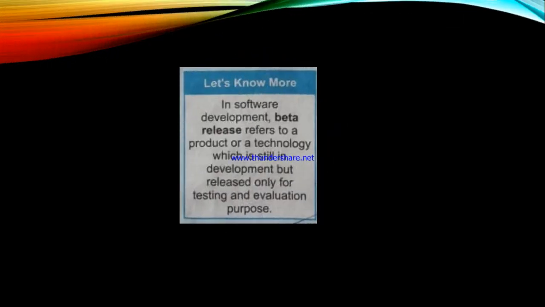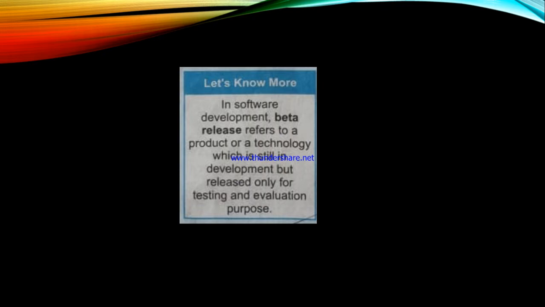In software development, beta release refers to a product or technology which is still in development but released only for testing and evaluation purposes. So before getting the final software, it is given to its employees. For example, Microsoft, before sending software into the market, gives it to its employees so that they can test it and find modifications to be done in any of the buttons or options, and rewrite the program.